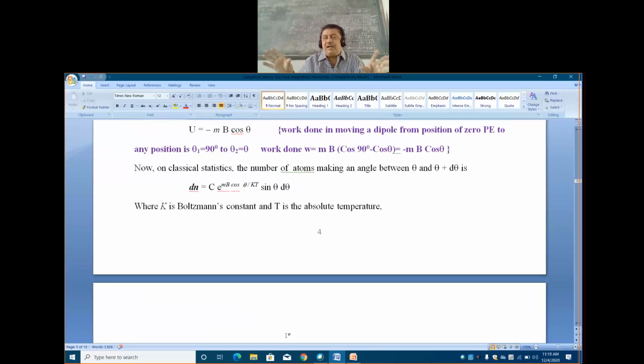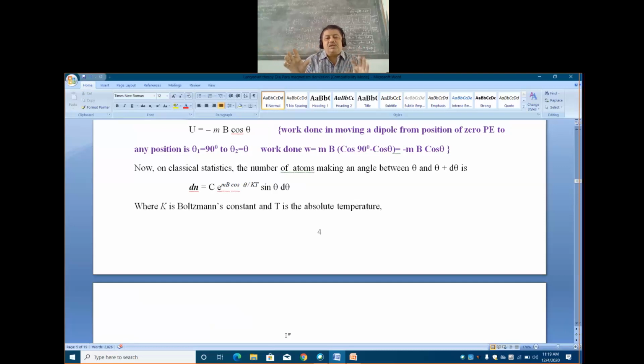From that, we are directly writing the total number of such atomic dipoles which are inclined within the angle theta and theta plus d theta. It forms a cone; if you imagine three dimensions, it is like a cone subtended with the field axis, which we will further call a solid angle.